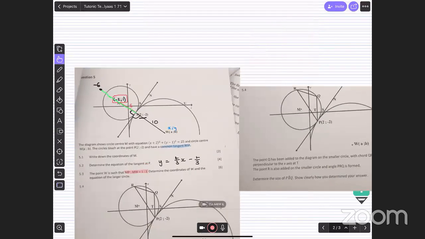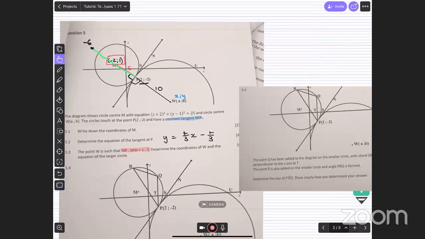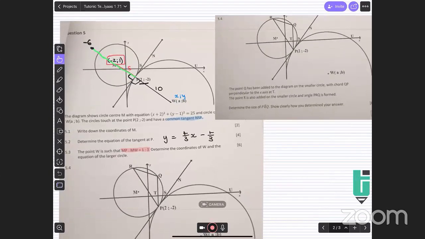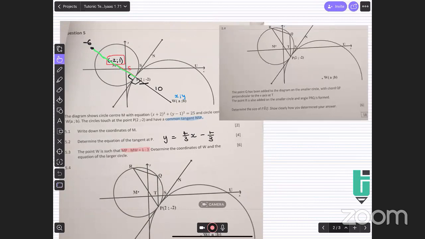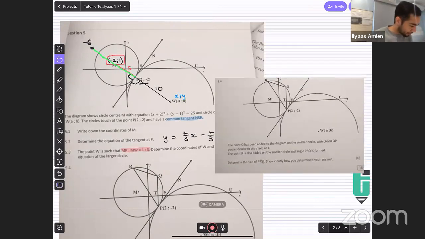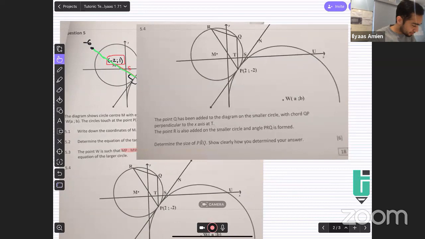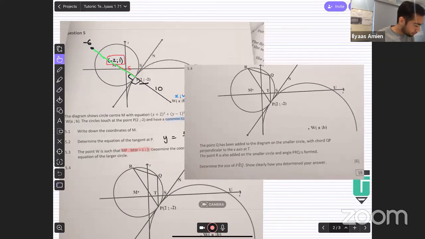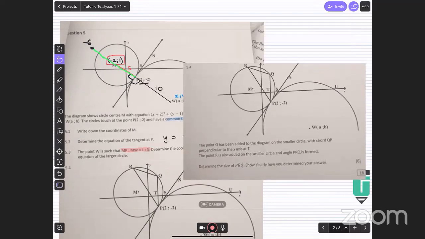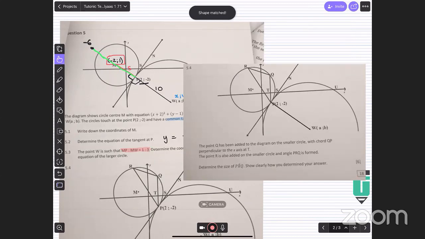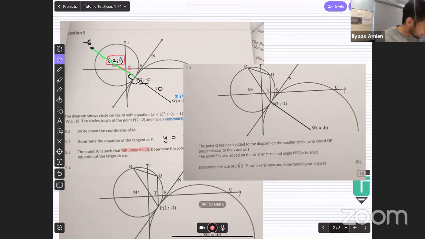Okay, so it says the point Q has been added to the diagram on the smaller circle. Can you guys see that? With chord QP perpendicular to the x-axis at T. So what does that mean, perpendicular to the x-axis?